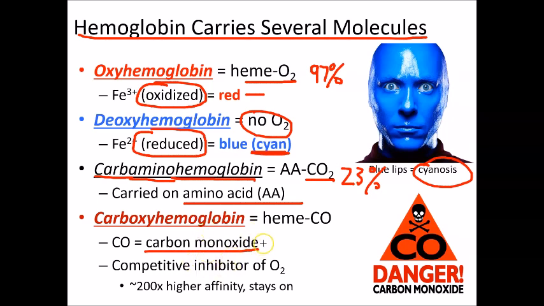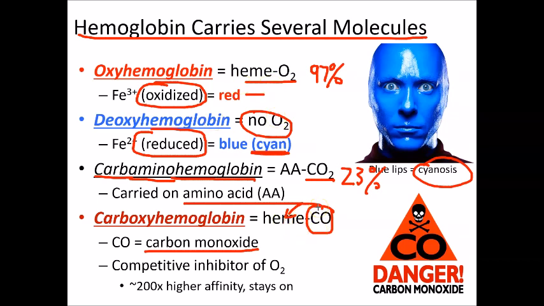In California, it's not a big deal typically. But what it comes from is the incomplete combustion of materials. And so carbon monoxide poisoning can happen if carbon monoxide gets too high, and this is the reason why. Carbon monoxide will also bind to the heme group. Carbon monoxide actually inhibits the binding of oxygen.